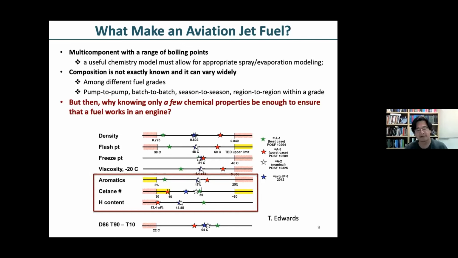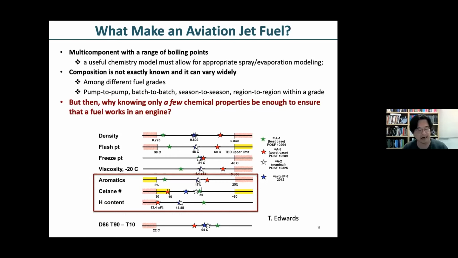As a matter of fact, if you look at this ASTM standard, it's very simple. The first four properties are physical properties. That's density, flash point, and so on. The real chemistry properties related to the fuel are only three: aromatics content, cetane number, and hydrogen content. As a matter of fact, aromatic content is not critical.